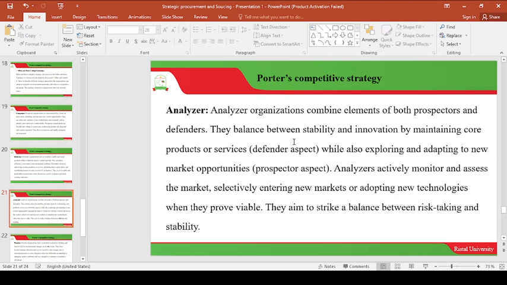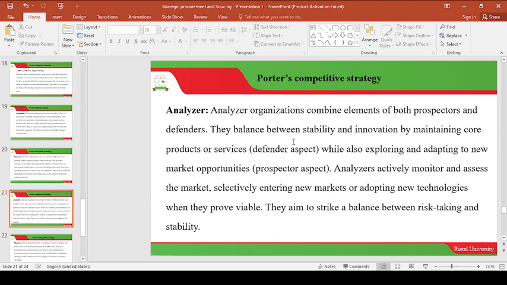So analyzer is between these two, the organization trying to be very analytical and assessing the market selectively before entering the new market, because here it will require a lot of resources which maybe the organization cannot afford.